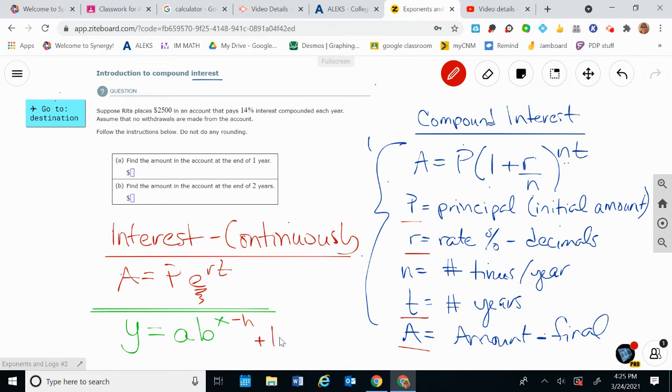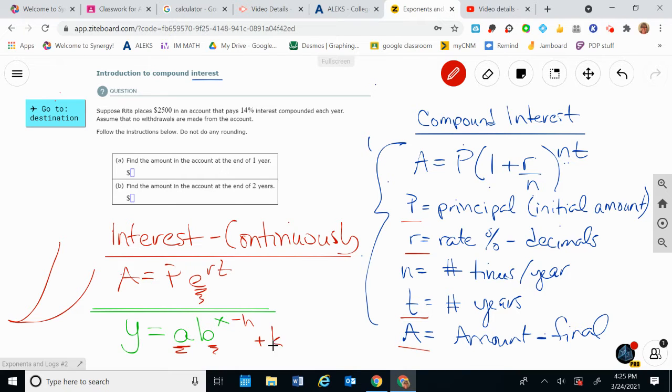It could literally be like this. A is going to move the graph, making it go either up or down. A changes not the slope, but kind of the speed of the exponential equation. B is the base, X is the exponent.